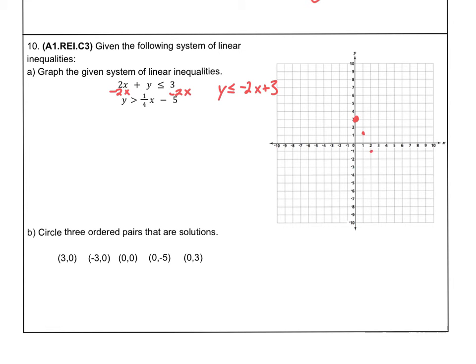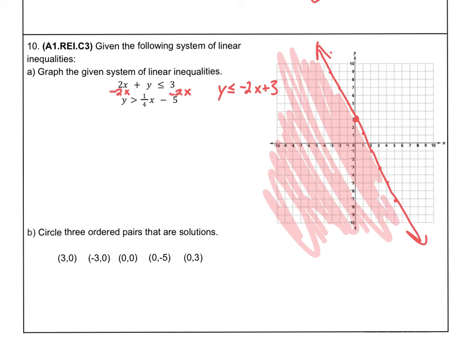Slope is down 2, right 1. Dash or solid line? Solid, because that is less than or equal to. And since it's less than, that means I'm shading up or down? Down. So this side of my line.